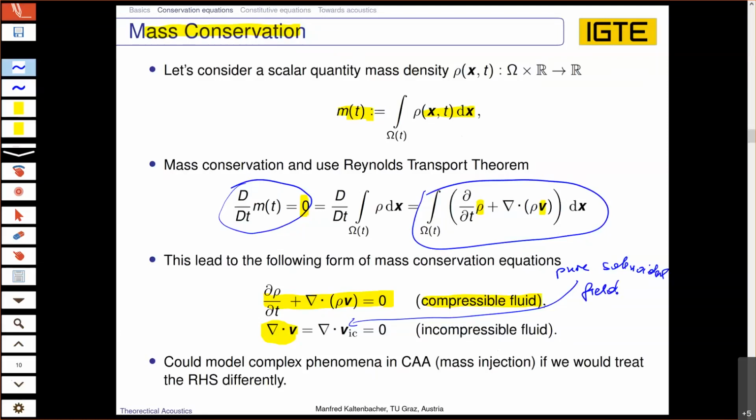That means you have no sources or sinks. Our field lines are closed field lines. This is typical for turbulent flow structures where you have all the vortical structures there, vorticities, and this is the so-called solenoidal vector field.